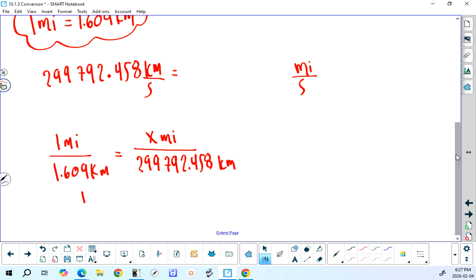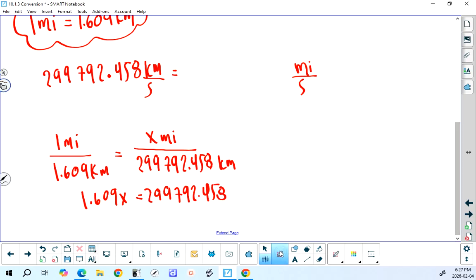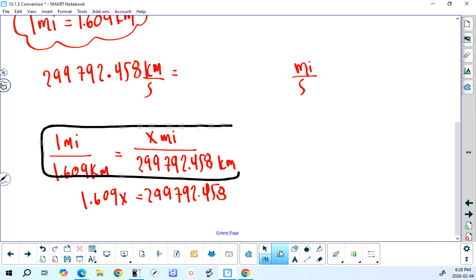So you're going to have 1.609x equals 299,792.458. And by the way, once you have this, I really am assuming something on day 4 of this course. Once you have that ratio equation set up, everybody should know how to cross multiply to find x. That shouldn't be a burden.